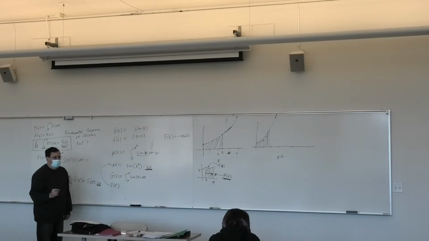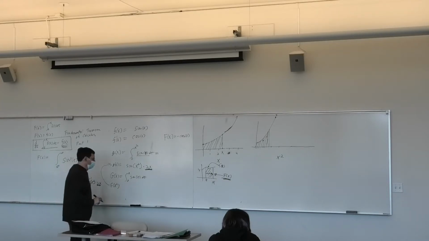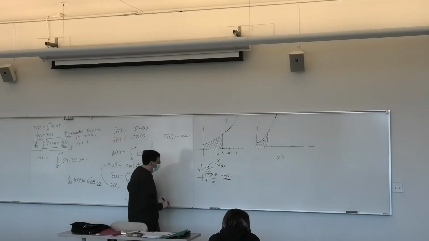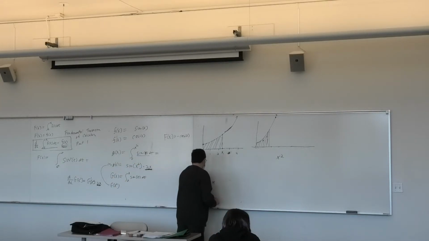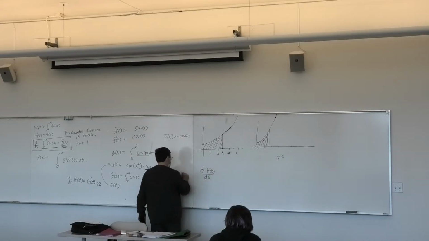I was hoping to get you to write what you erased off the board when you asked your question: the derivative of capital F of x over dx equal sine cubed. I was hoping to get you to write that back up. Derivative of f of x dx. Yeah, that's just another way of writing f prime of x, right?